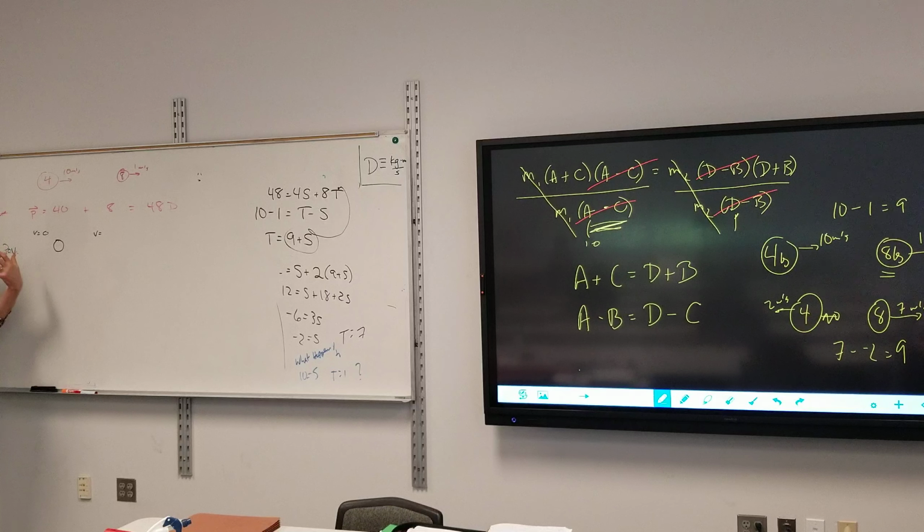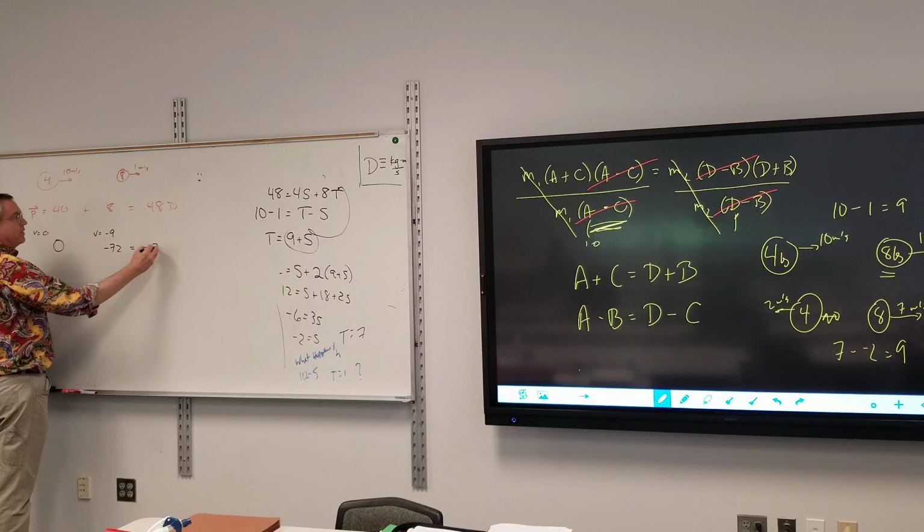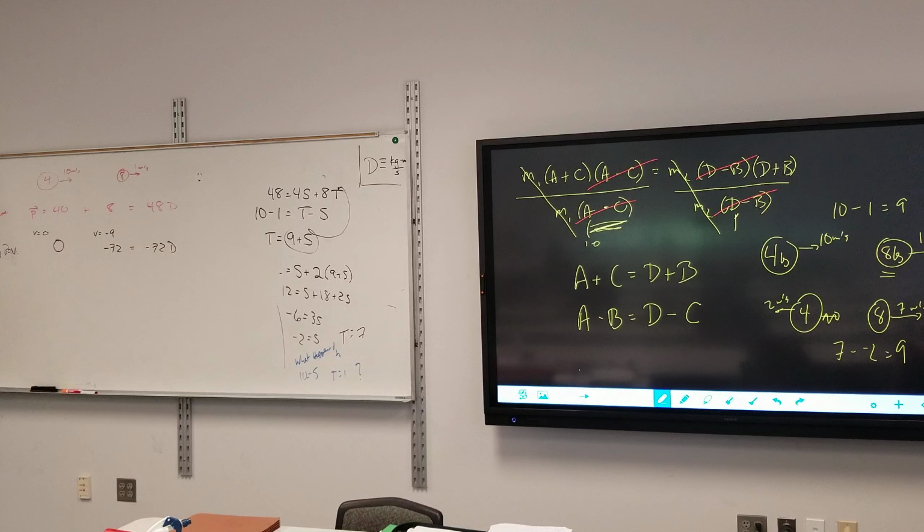From my point of view, I'm not moving at all. Does it look like it's going backwards? Yep, how fast? 9 meters per second. Yeah, so it'd be -9, and so my momentum would be -72. So from the 4 kilogram point of view, the total momentum of the system is -72 Descartes.